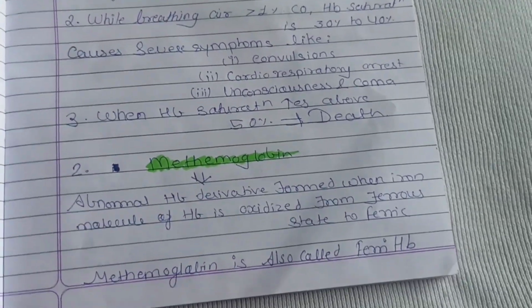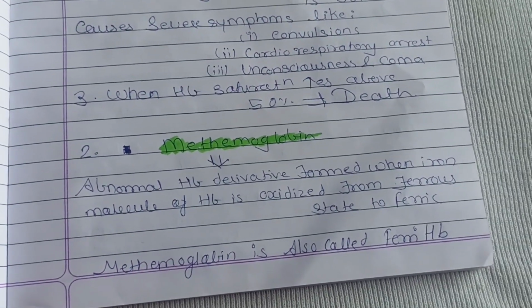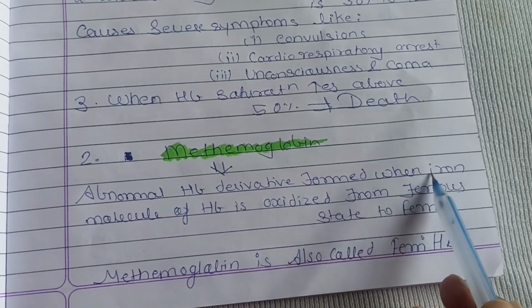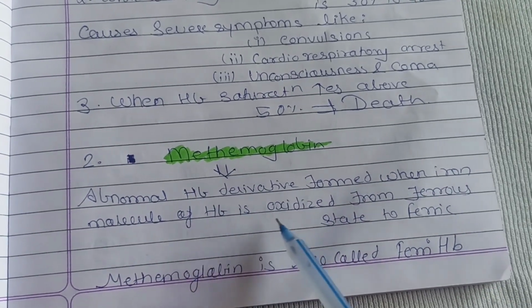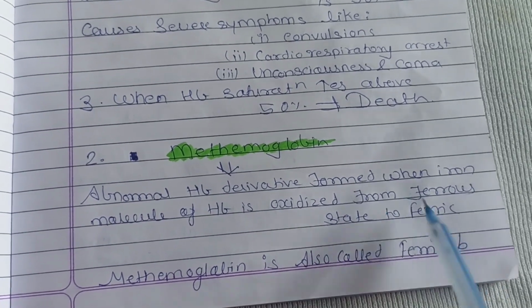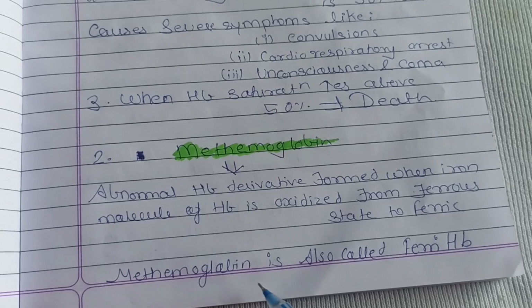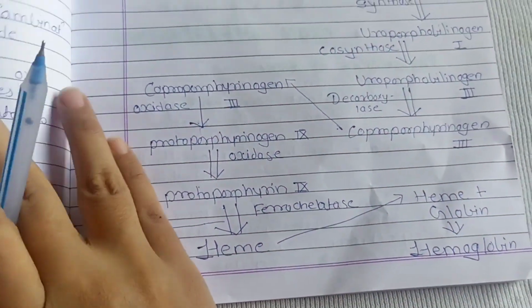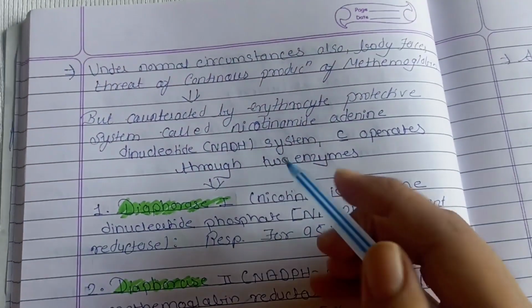So clear about carboxyhemoglobin. Now second is methemoglobin. It is an abnormal hemoglobin derivative formed when the iron molecule of hemoglobin is oxidized from the ferrous state to the ferric state. Methemoglobin is also called ferrihemoglobin.